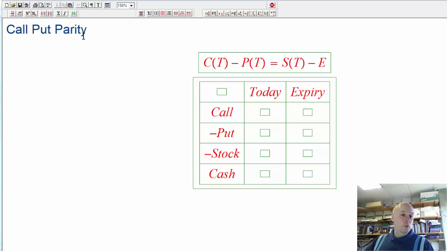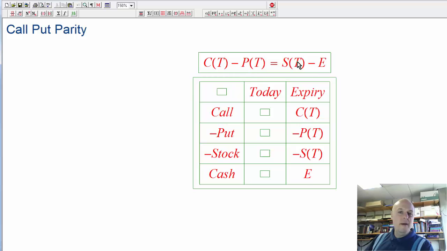Okay, so we're looking at the call put parity. At capital T, that's at expiry, we've already shown graphically that the call option minus the put option is equal to the stock minus the exercise price. So that's at capital T time. So at expiry, if I were to throw these in here, the call at time expiry minus the put at time expiry minus the stock, again at time expiry, plus the cash.